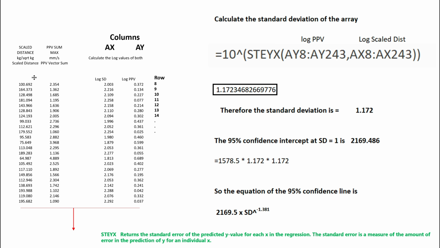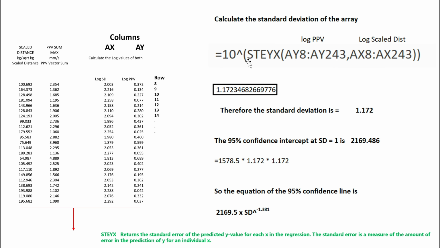So I take all my scale distances and put them in, and there are actually 300 data points in this data series, and these are all the associated peak particle velocities for the individual scale distances. Then I make 2 other columns: one is the log value of all the scale distances, and the other is the log value of all the associated peak particle velocities.